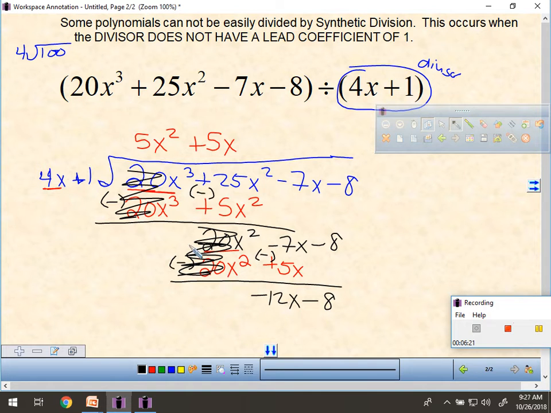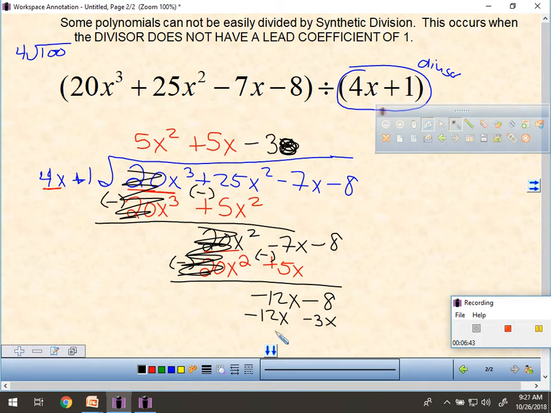And then just repeat the process again. So what would negative 12x divided by a positive 4x be? Negative 3. And then just multiply. Negative 3 times 4 is negative 12x, and negative 3 times 1 is negative 3. Oh wait, did I put an x there by mistake? Yeah, I did. I'm sorry, guys.